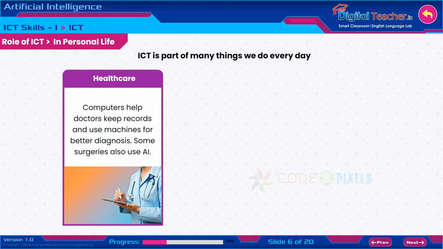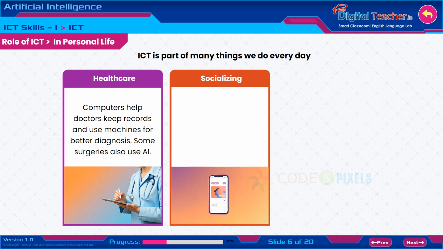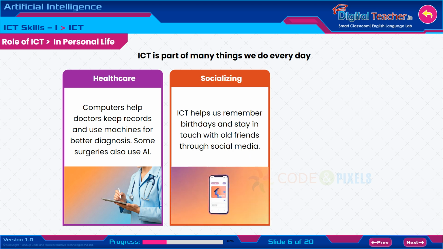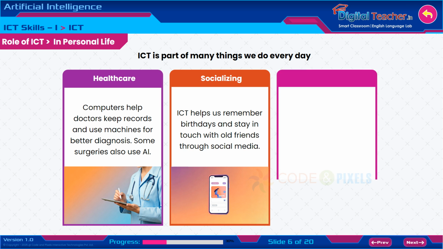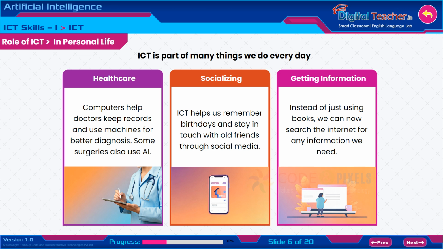Some surgeries also use AI. Socializing. ICT helps us remember birthdays and stay in touch with old friends through social media. Getting information. Instead of just using books, we can now search the Internet for any information we need.